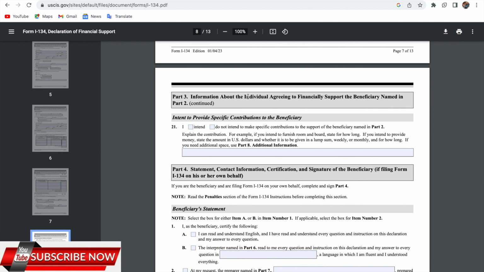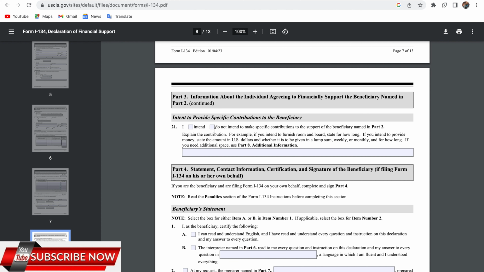And it says information about the individual agreeing to support the beneficiary. It says I intend to provide specific contribution to the beneficiary, or I do not intend to make specific contribution to support of the beneficiary.